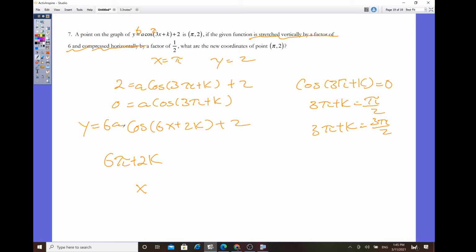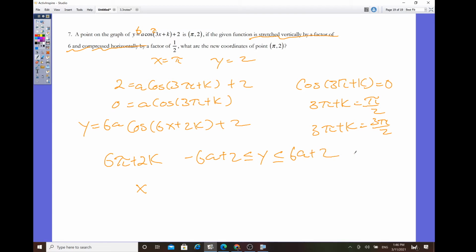And then what about the y value? The y value is based on 6a and 2. The smallest number for this one is negative 6a, because that's a cosine, so it goes from negative 6a to positive 6a. But the vertical translation is plus 2. So negative 6a plus 2 is less than or equal to y, and y is less than or equal to positive 6a plus 2.